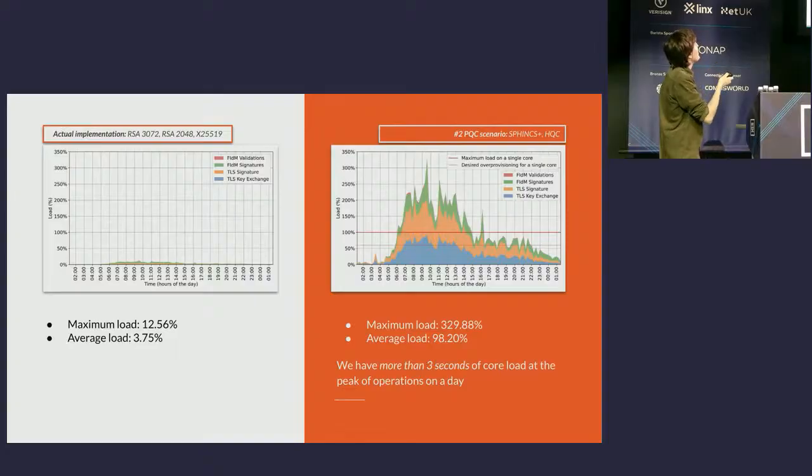We just changed the scale because, as we can see, using SPHINCS+ and HQC, which are, again, the only non-lattice-based signature and key exchange mechanisms that NIST is appointing for future use, the maximum load is 3 times higher than 100%, so they are taking 3 times the CPU load, and the average load is a fully loaded CPU core. And we have more than 3 seconds of core load for a peak of operations.